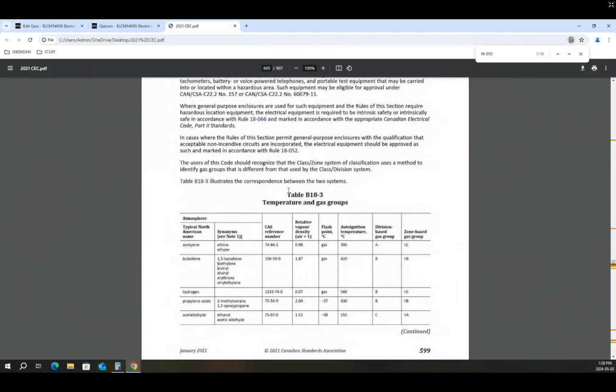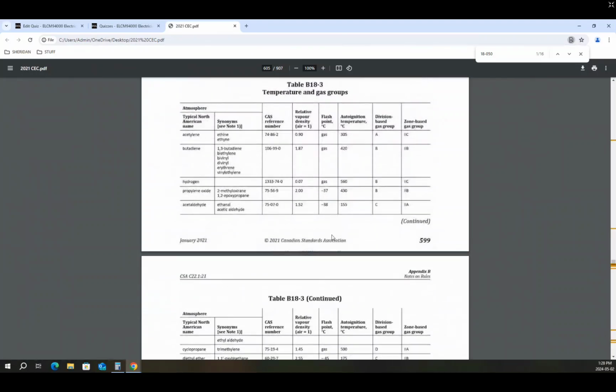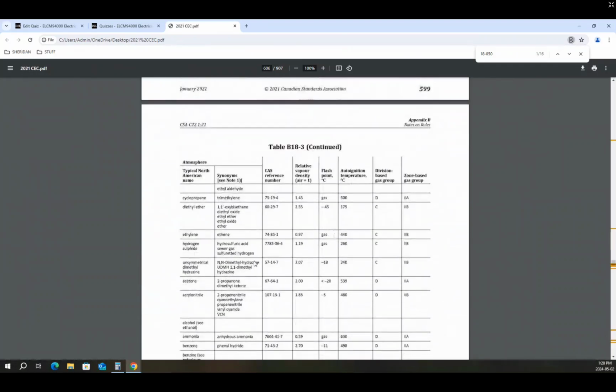Temperature and gas. Okay, I'm looking for diethyl ether.